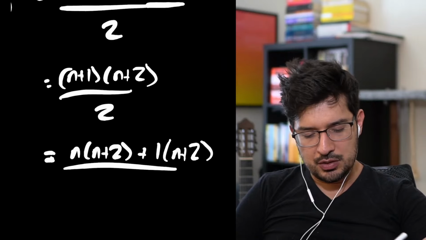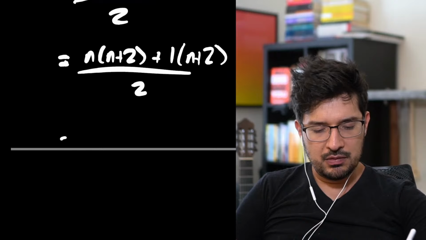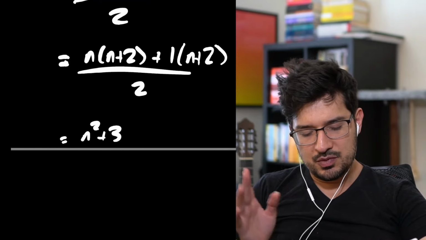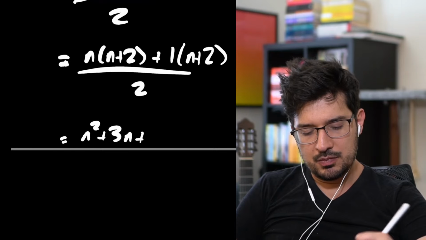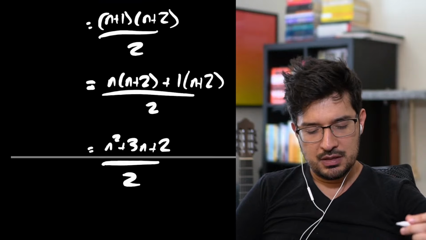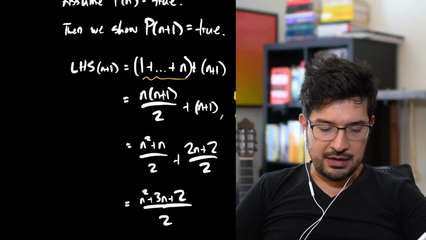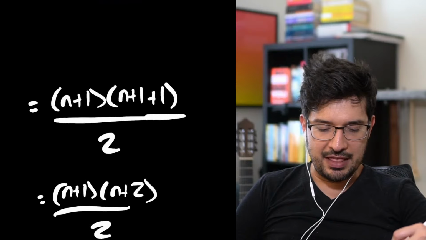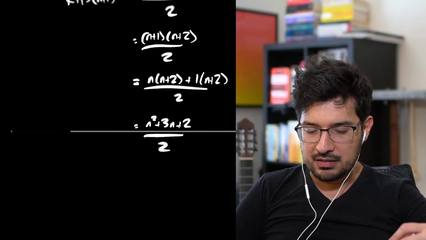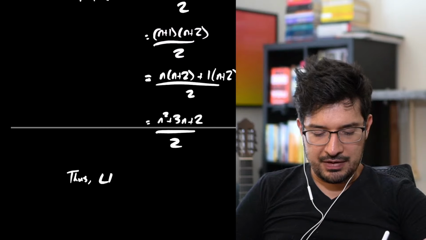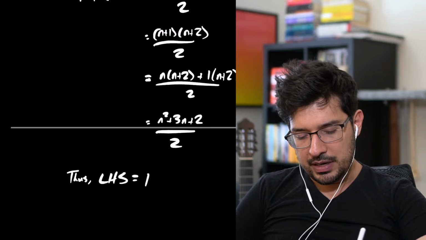So using distributivity, we get this. And then we get n squared plus, skipping ahead a step, n squared plus 3n plus 2 divided by 2. So, therefore, the left-hand side ended up being this, and the right-hand side ended up being the same. Thus, the left-hand side equals the right-hand side.